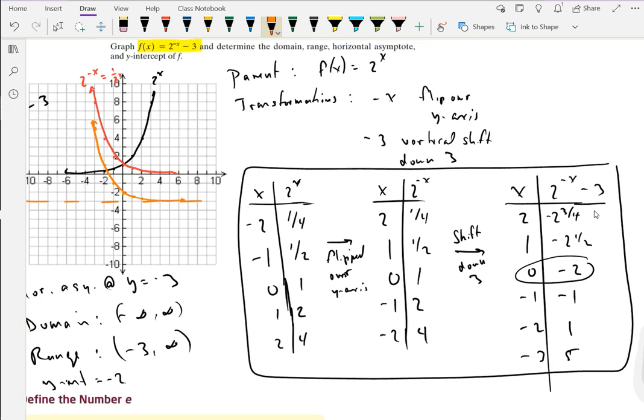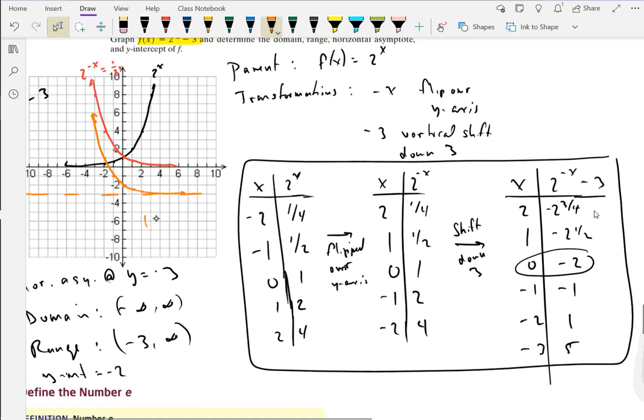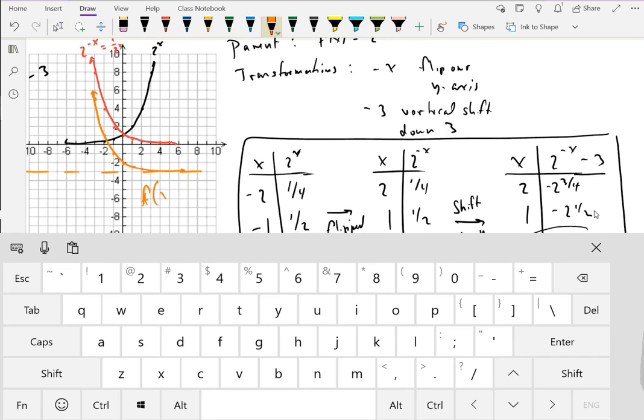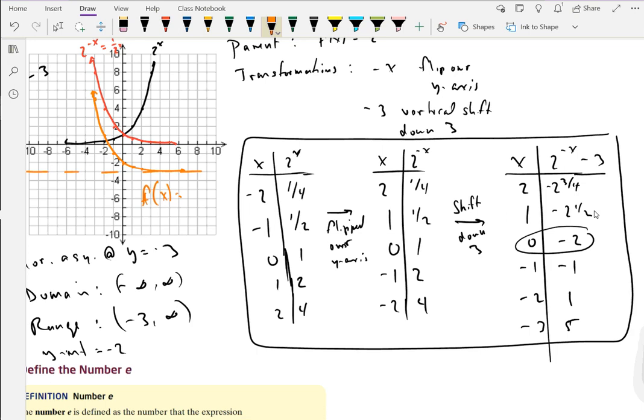Okay, so it's personal preference. If you're asked to show the work specifically, then we'd want to go ahead and do all the tables. If we're just asked for the graph, then we end up with this one over here. So this orange color here, that's when we end up with f of x equaling 2 to the negative x minus 3.